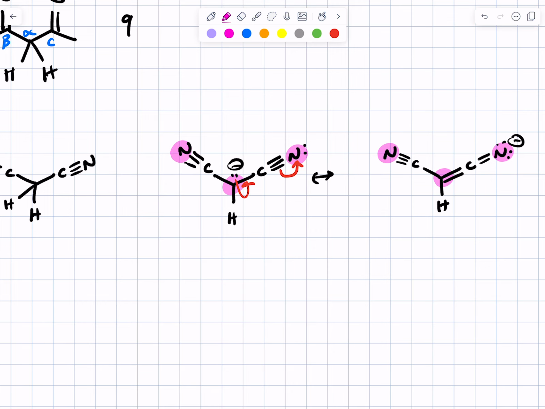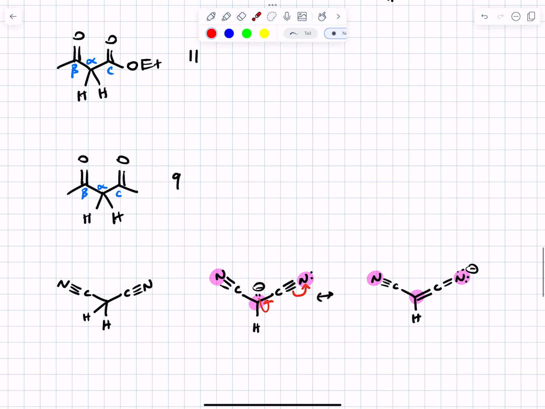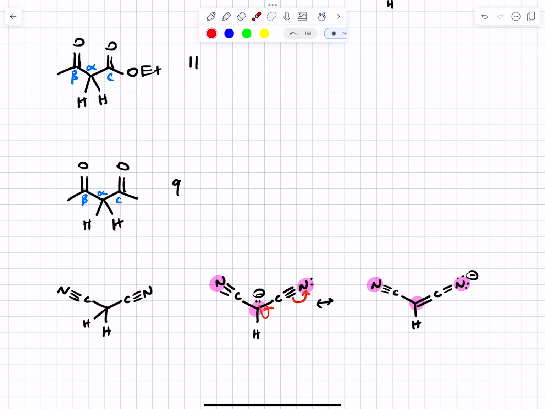I don't know what that pKa is off the top of my head, and I would certainly not ask you to compare the pKa's of this dicyano compound with, say, the diketone or the diester, because we really haven't developed tools for talking about whether the nitrile carbon is more electrophilic or less electrophilic than your typical carbonyl carbon. But hopefully, once you see the Lewis structure of the cyano group, the mystery goes away.